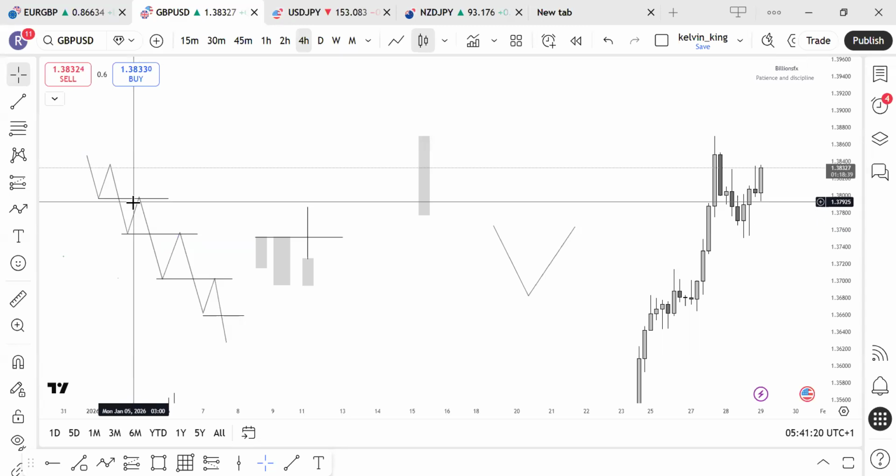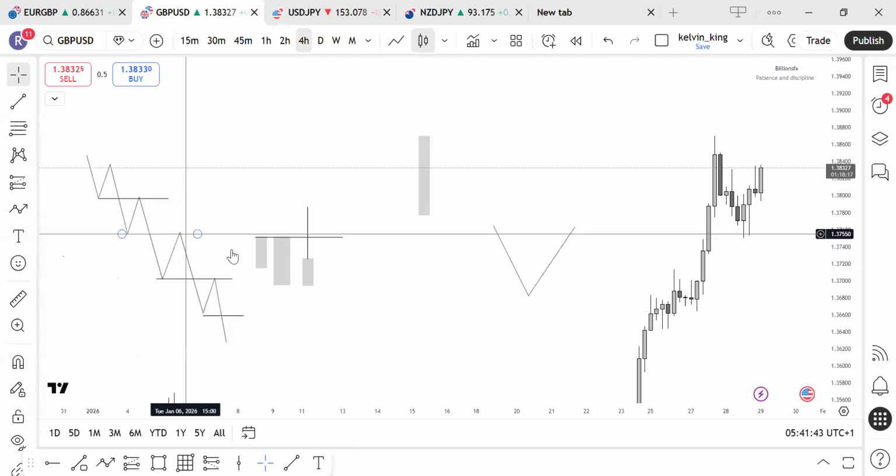So whenever you've identified your directional bias on daily time frame, remember, to identify our bias on daily time frame, we need a 4 hours breakout, right? Now, whenever that 4 hours breakout comes, this is what we should be looking out for.